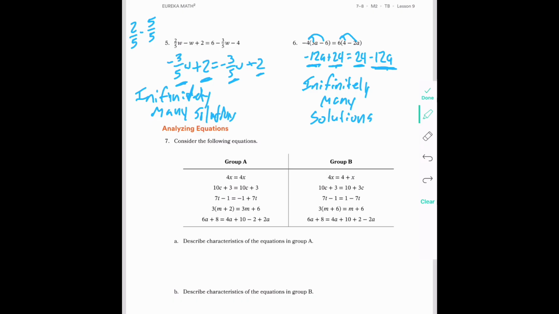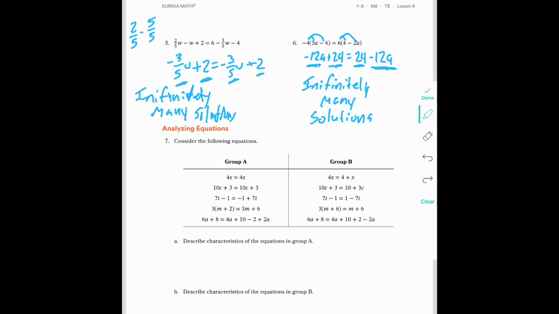So focus on infinitely many and one, because those are pretty easy. It's pretty distinct. Make sure you write down or make a note of my hint so that you know it. And then I'll let you guys do number 7 as a practice problem in class.